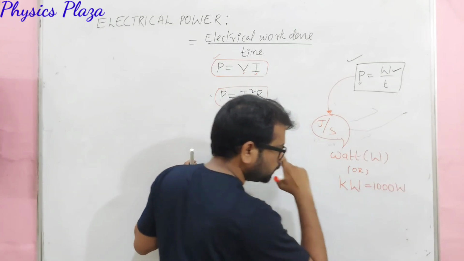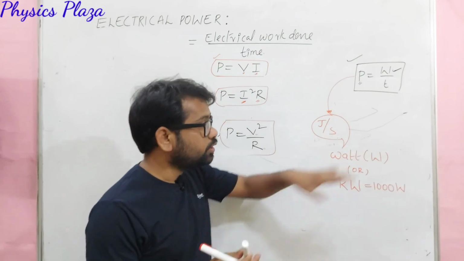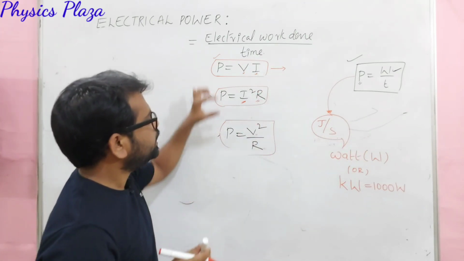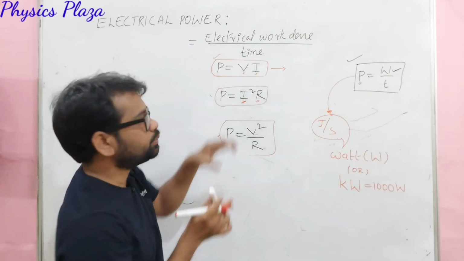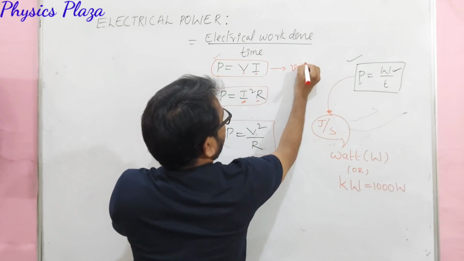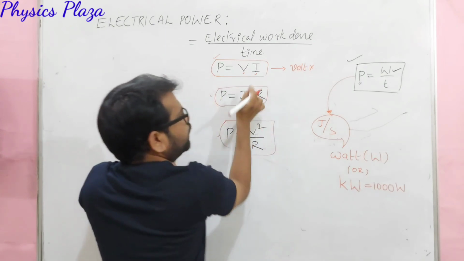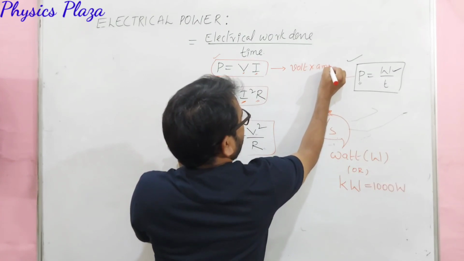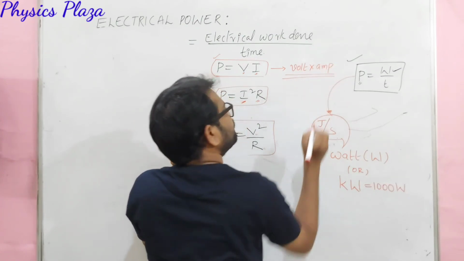From the expression, potential difference into current, potential difference is measured in volt and current in ampere, so power is also measured in volt ampere.